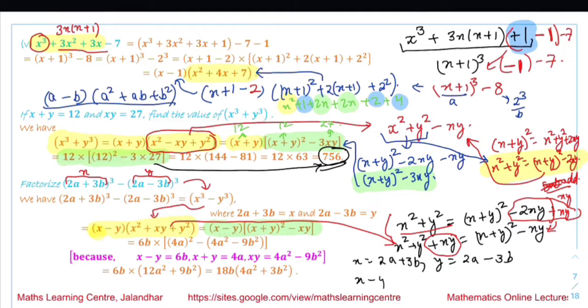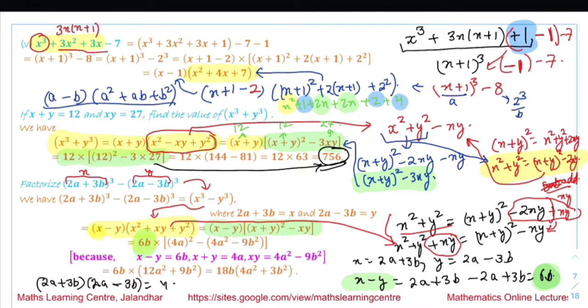So when we calculate x minus y, our value comes out to be 2a plus 3b minus (2a minus 3b), that is equal to 6 times b. So it is 6 times b over here. We have substituted the value of x minus y over here, and the value of x into y will be, when you calculate x into y, 2a plus 3b into 2a minus 3b.